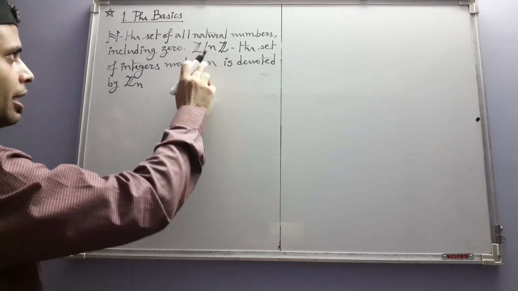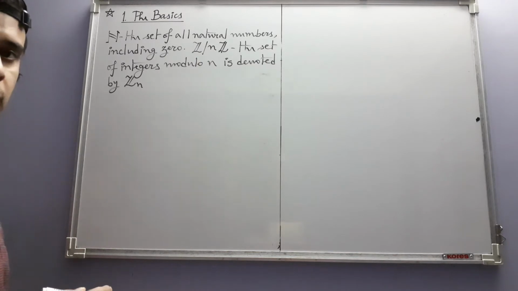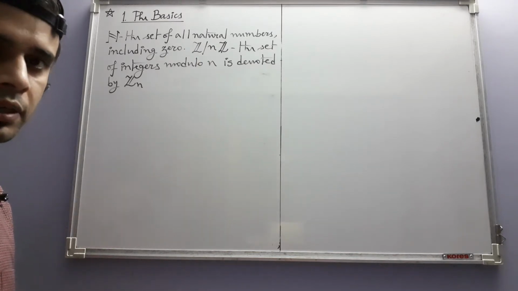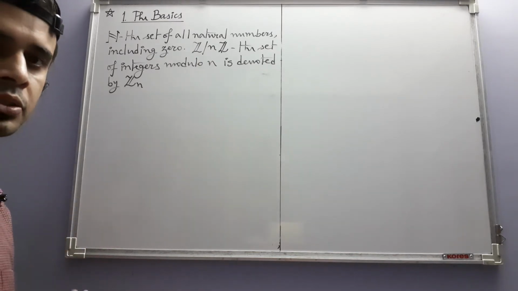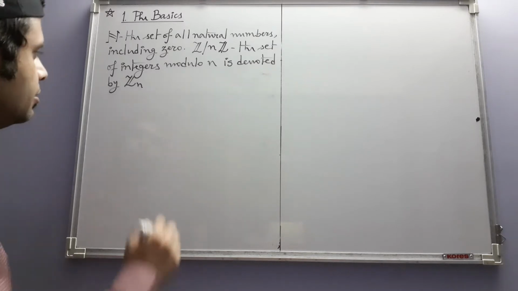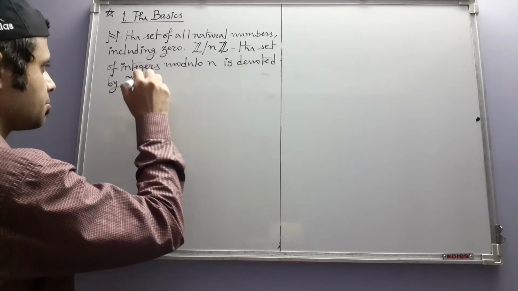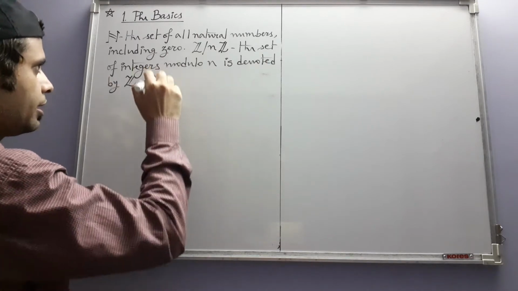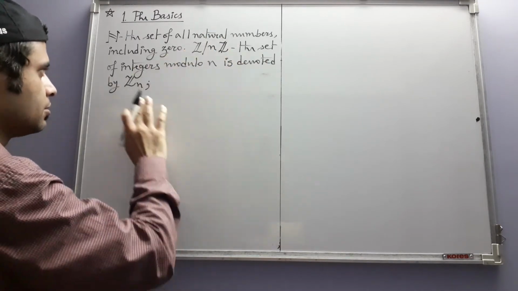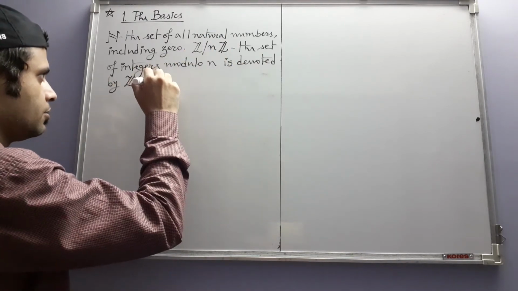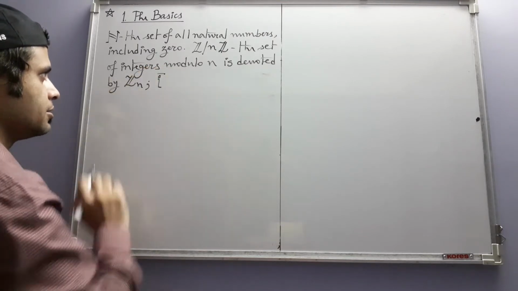And we know from algebra what integers modulo n are. They are not ordinary integers, they are congruence classes modulo the integer n. Congruence classes modulo n.